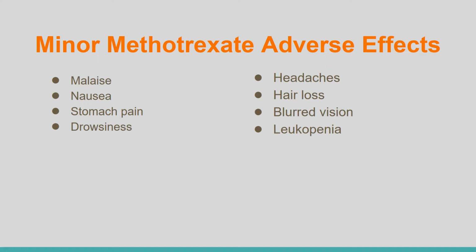These side effects may go away during the treatment as your body adjusts to the medicine. Also, your healthcare professional may be able to tell you about ways to prevent or reduce some of these side effects.